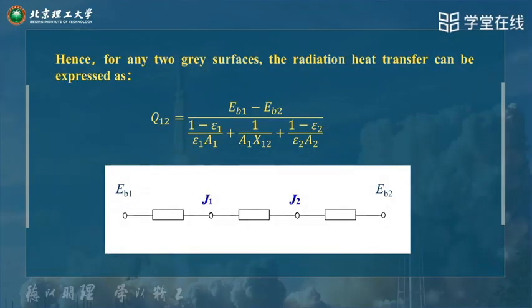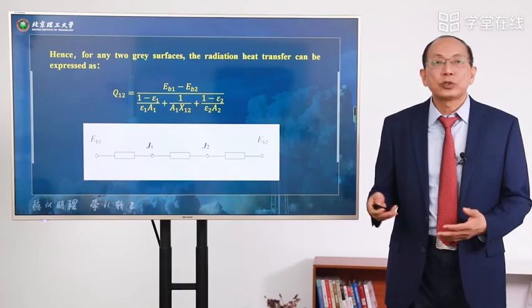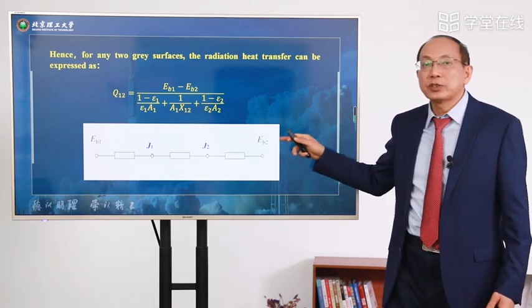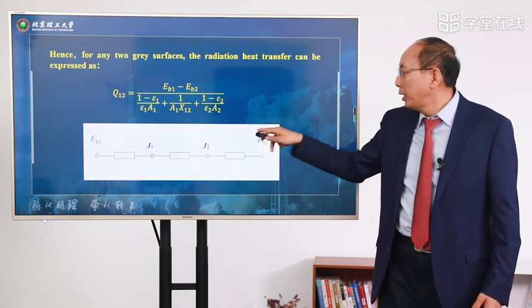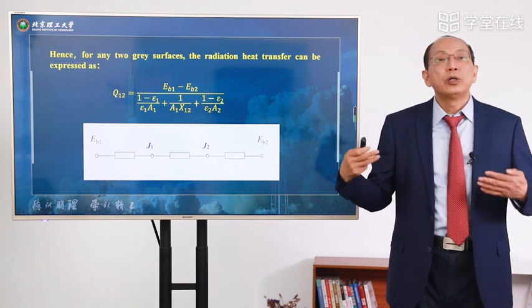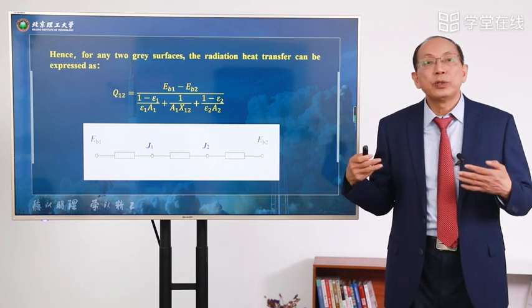Hence, for any two gray surfaces, the radiation heat transfer can be expressed as Q1 to 2 equals EB1 minus EB2 over the total resistance. The total resistance includes two surface resistances and a space resistance, so it is three resistances together: EB1, J1, J2, EB2, a series resistance system.